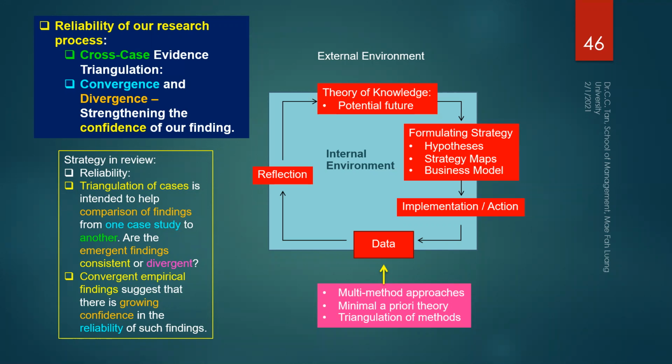The conclusion starts to take shape. Okay, we call this saturation, or theoretical saturation. You saturate at the theoretical level. That means you know that there is certain convergence, and there's certain divergence. Maybe you can work it up later on, but mostly there is convergence in that sense.